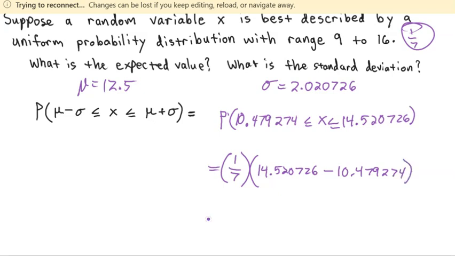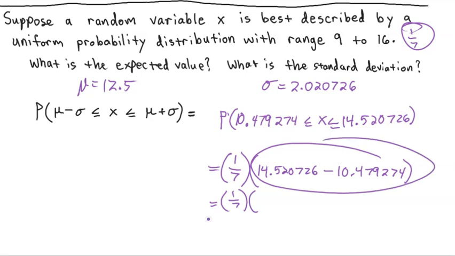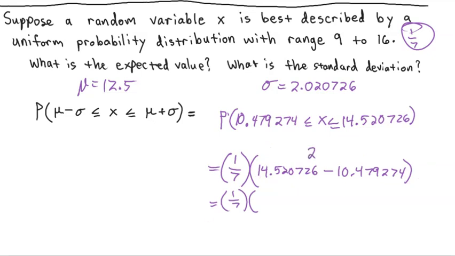And I'm going to show you a trick what this winds up being. Watch this. 1/7 times, what's happening here is this actually winds up just being 2 times the standard deviation, and I'll prove it to you.